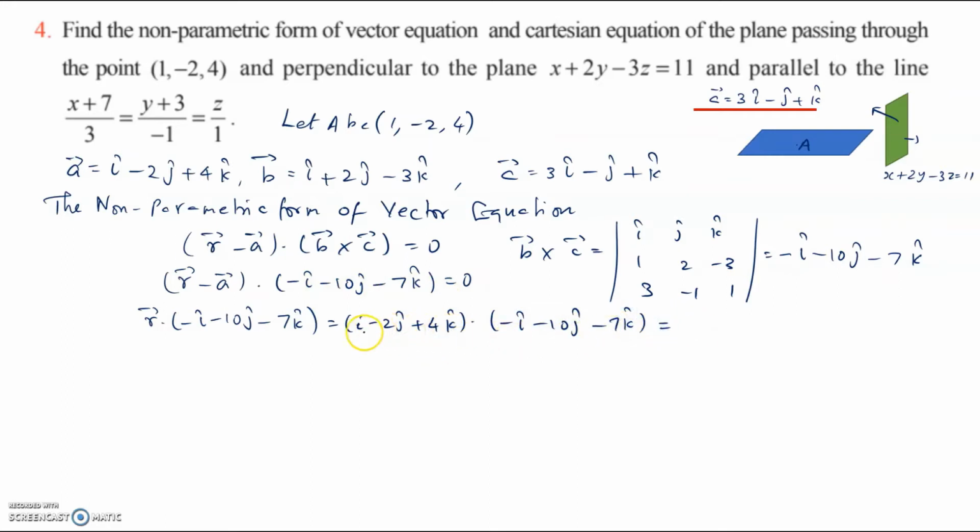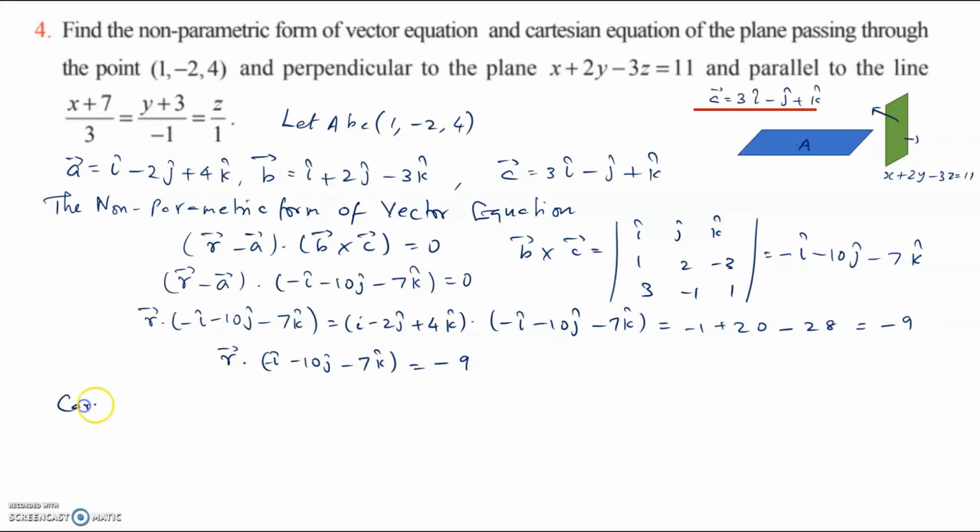So this further can be simplified as minus into minus 1, minus 1, then minus 2 into minus 10, so plus 20, and minus 28. That's equal to minus 9. So our non-parametric form of the equation is R vector dot product with minus i cap minus 10j cap minus 7k cap is equal to minus 9.